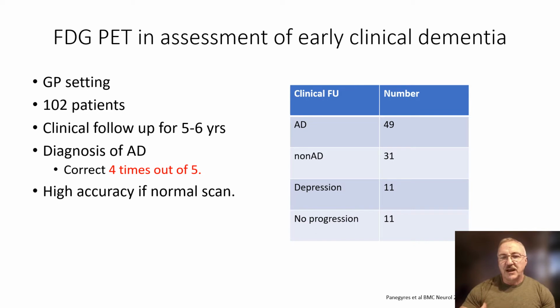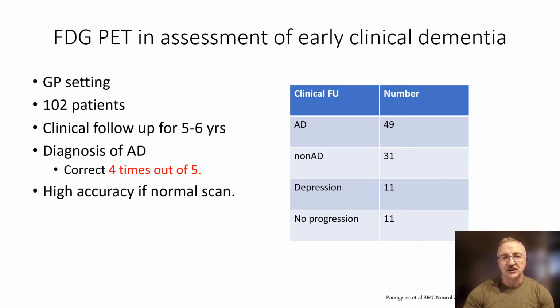If we look back a little bit earlier in the patient cycle, in the GP setting, we look at 102 patients, and we get the diagnosis of Alzheimer's disease correct about 4 times out of 5.